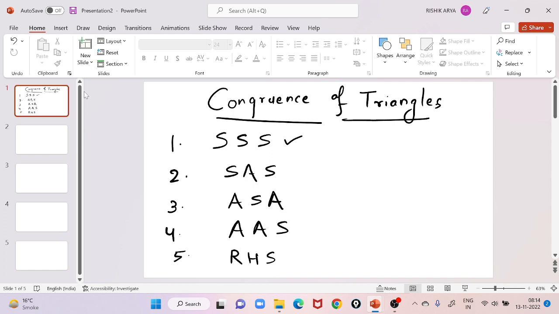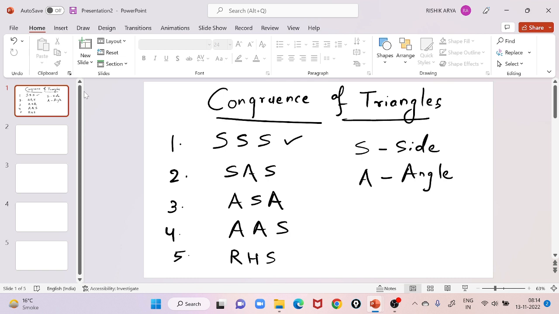Here you have to take angle, side, angle. Here also angle, angle, side. And RHS means R for right, H for hypotenuse, and again S for side. So everywhere you can see that S stands for side and A stands for angle.